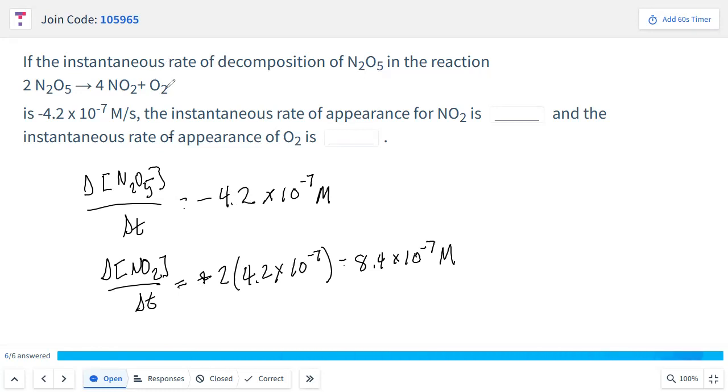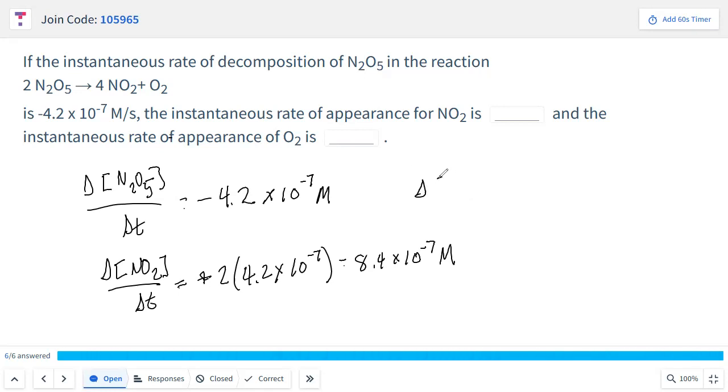Now for the oxygen, we would have to recognize that oxygen is half as much as the dinitrogen pentoxide, so we're going to do the same thing, but we're going to multiply it by 1/2 instead of by 2.